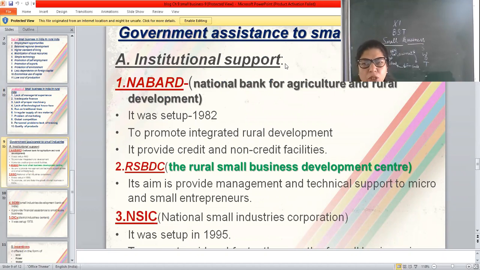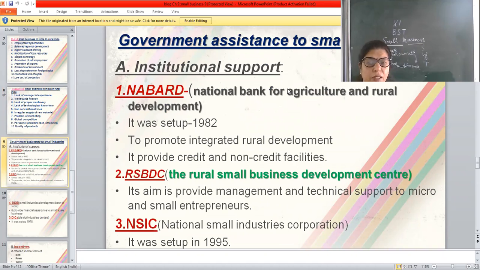Then NABARD, that is government assistance. See, the government is also trying. You can see the various schemes launched by the government: Make in India, Vocal for Local nowadays, and the government is working for the betterment of small business.